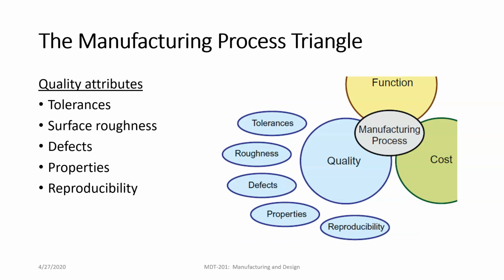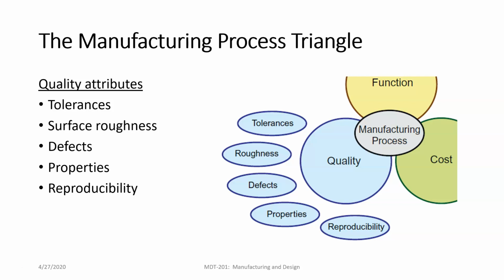Turning our attention to quality, all right, what are the attributes of the quality of a part? That could be its tolerances, whether it has close tolerances or loose tolerances, whether it rattles around when it's moving or makes a lot of noise, or whether it purrs like a kitten and really feels well made.